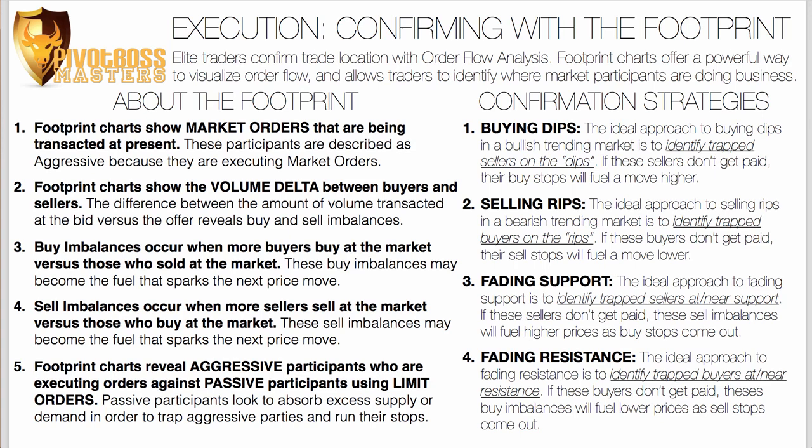We're going to be looking and visualizing that order flow onto the footprint charts. And so footprint charts offer a powerful way to visualize order flow and allow traders to identify where market participants are doing business. Where are they doing business? Right here. This is where they're transacting right now.